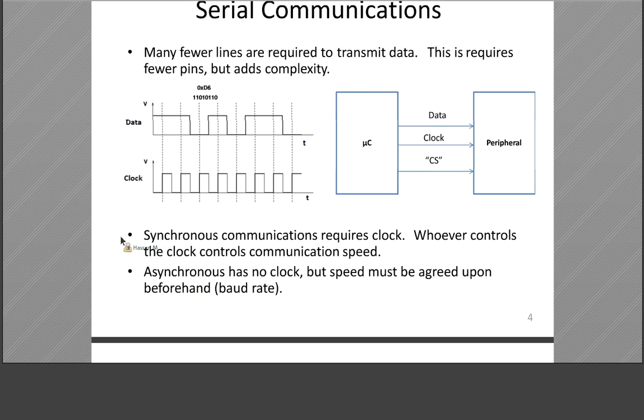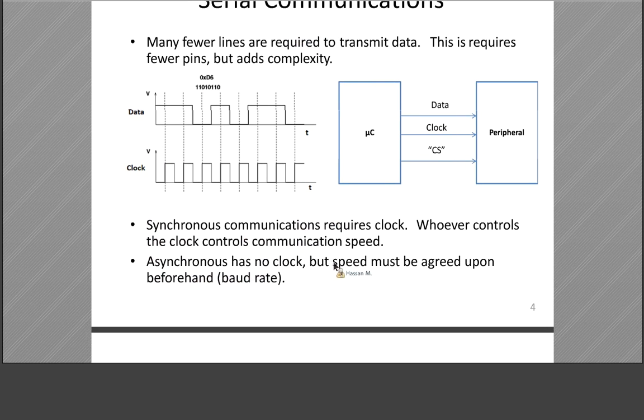In serial communication we have two approaches, the synchronous approach and the asynchronous approach. Synchronous communication requires a clock for synchronization. Whoever controls the clock controls the communication speed. For example, who controls the clock?